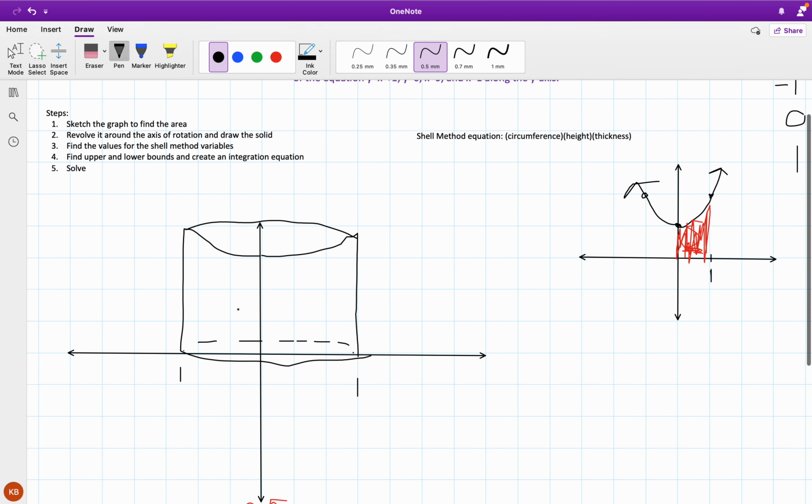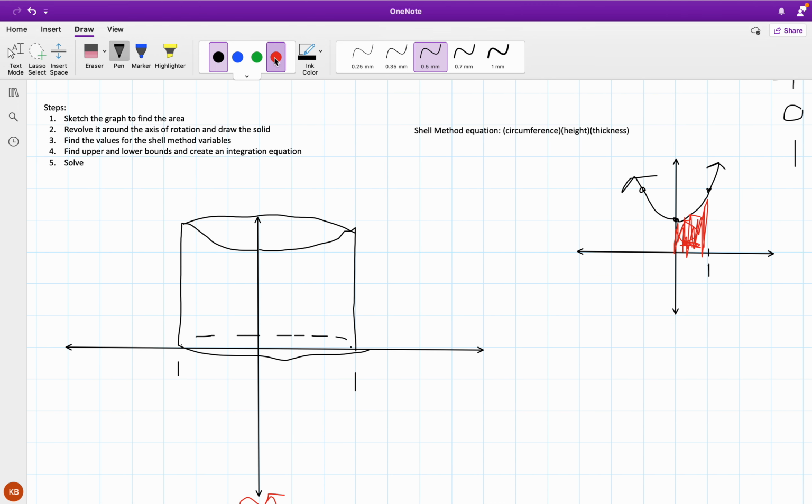So to find the variables for step 3, we're going to look at the shell method. And the shell method is the circumference, which, this is a circle, so the circumference is 2 pi r.